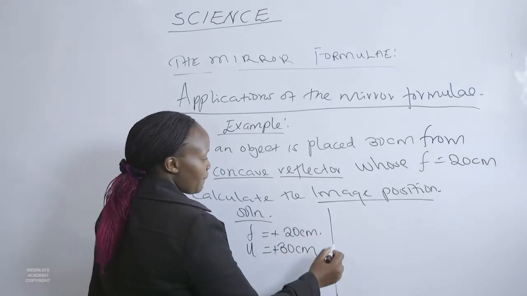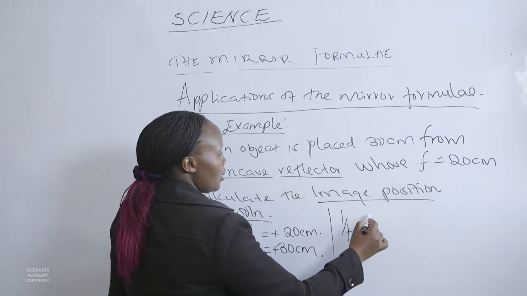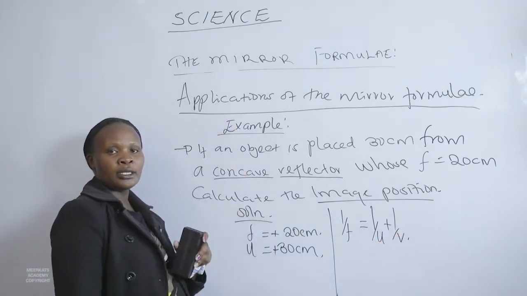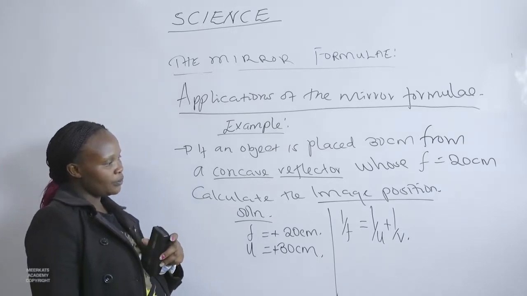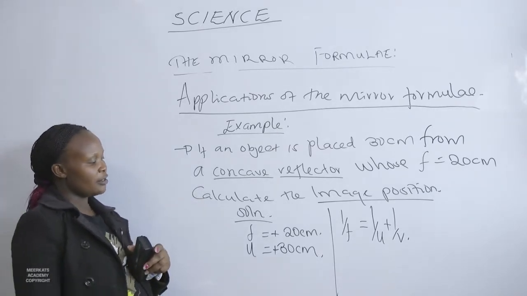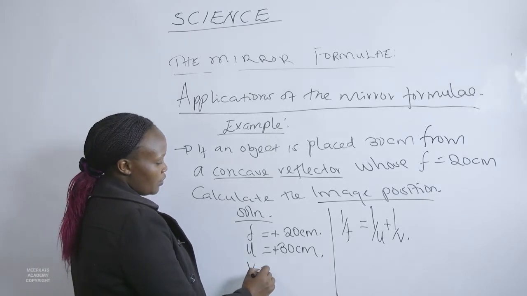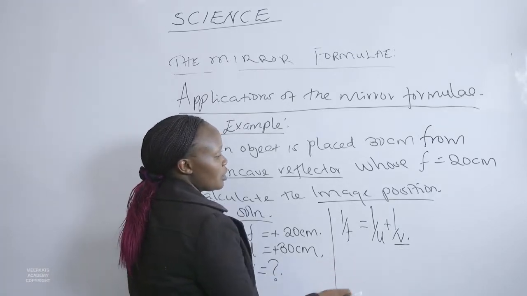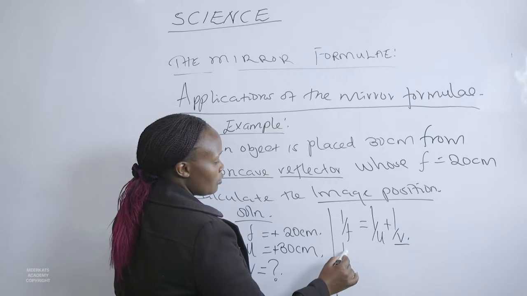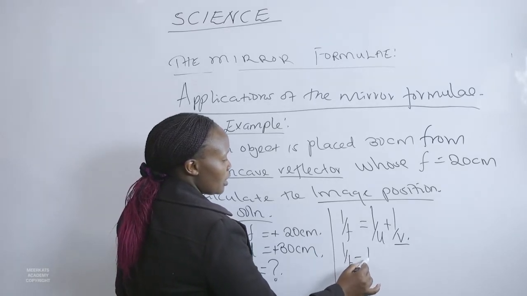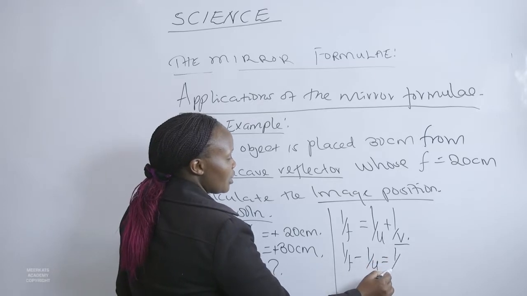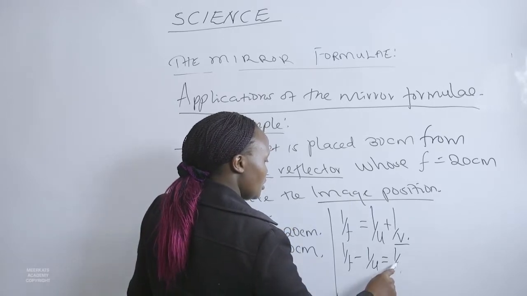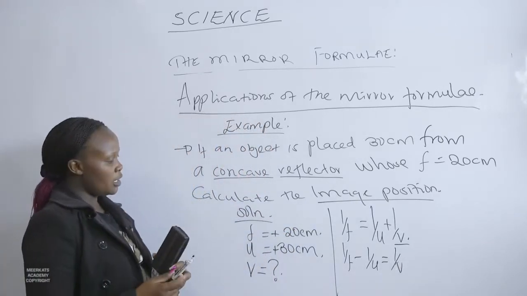Now, from our mirror formula, 1 over F is equal to 1 over U plus 1 over V. Now, what we do not have and what we want to look for is V. Therefore, it's only fair to make 1 over V the subject of the formula, so that now 1 over F minus 1 over U will now give us 1 over V.